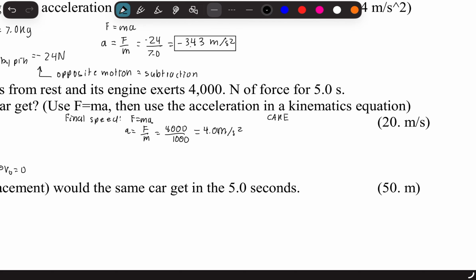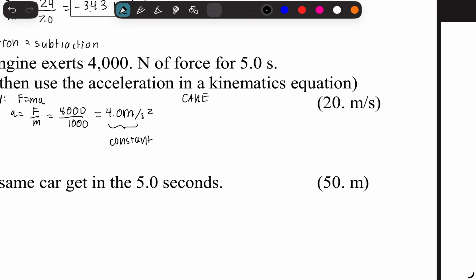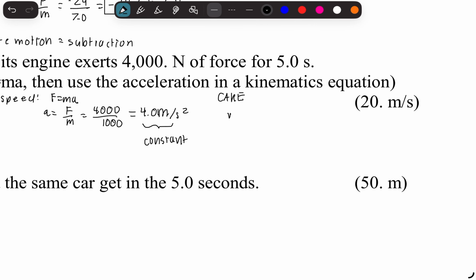Because we have a constant acceleration, we have v is equal to v initial plus acceleration times time. v is equal to 0 plus 4.0 times 5.0. v is equal to 20 meters per second.